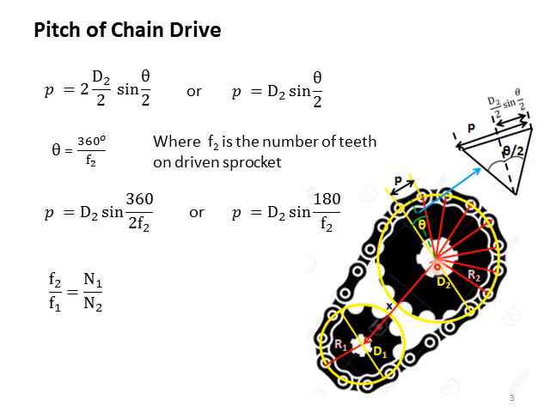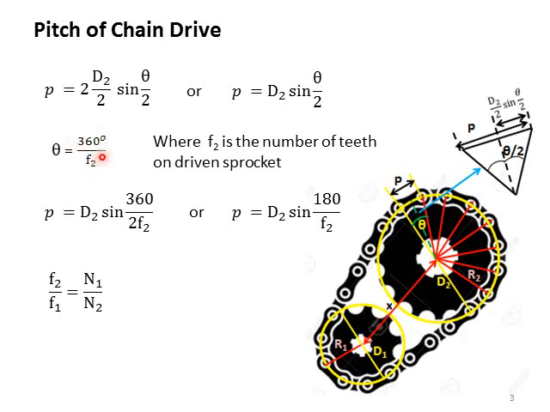If we start the angle from here and take a whole round, this will be equivalent to 360 degrees, and theta will be equal to 360 degrees divided by number of teeth on the driven sprocket.